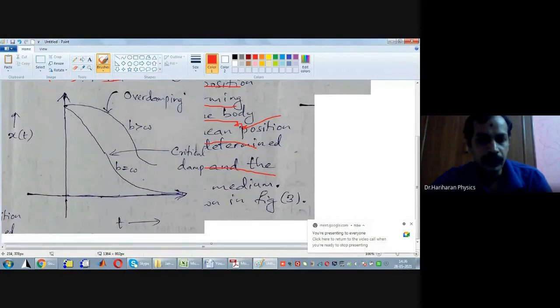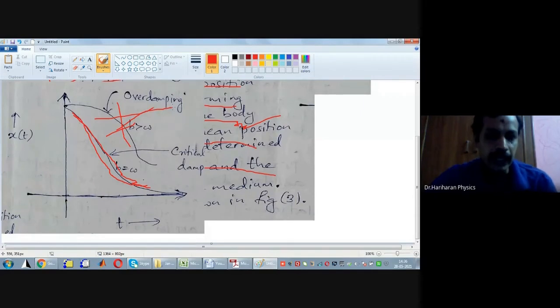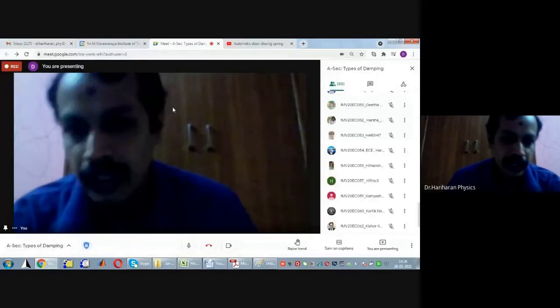This curve is critical damping. What is this curve? Over damping. Therefore, how do you want the door to get closed? We want the door to get closed gently, like this, not come and bang with a larger force. So we don't want over damping, we want critical damping. Is this clear?